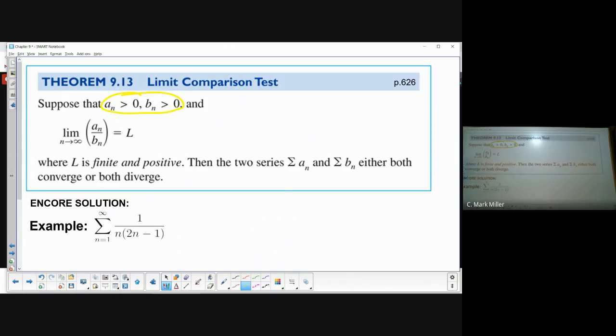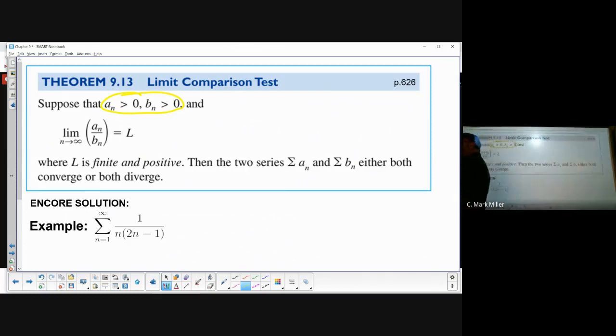It has to equal something that's finite. It cannot equal infinity, and it has to be positive. Then both series, the series of an and series of bn, sink or swim together. They either both converge or both diverge.